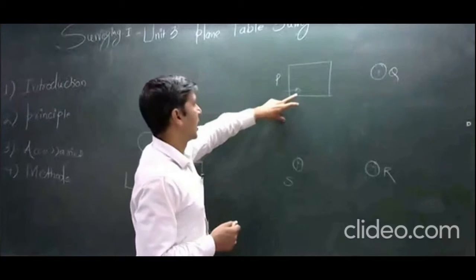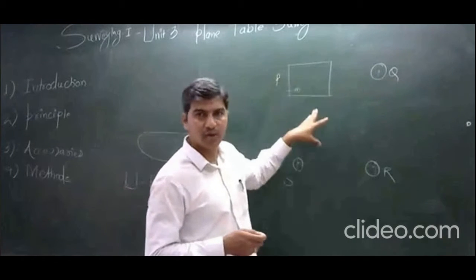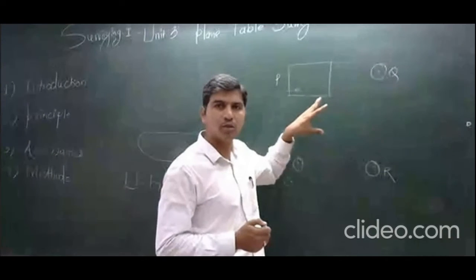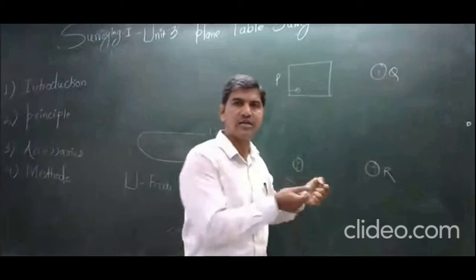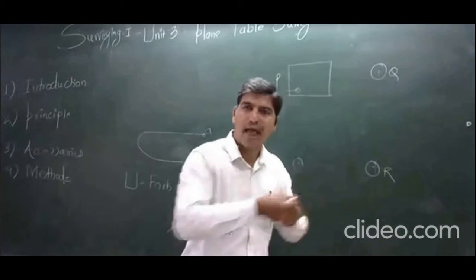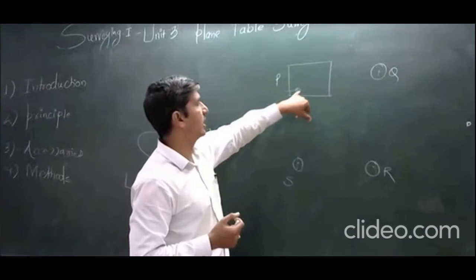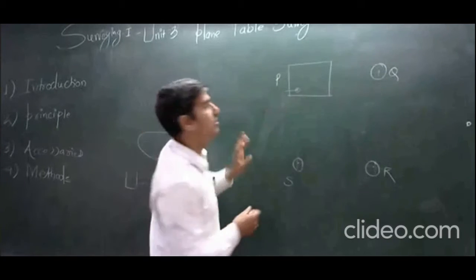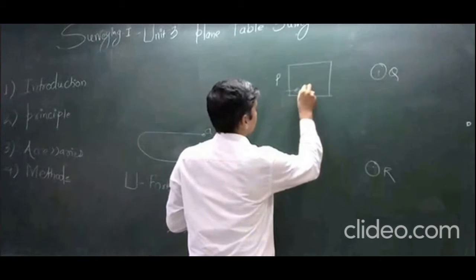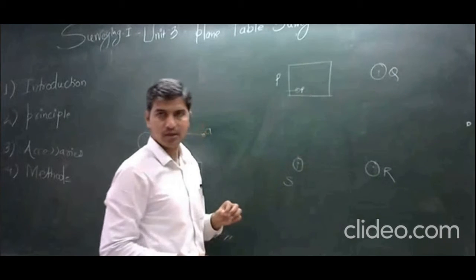I will keep the table on that peg by adjusting right, left, up and down, and then I will mark point small p. See, this is my small p.